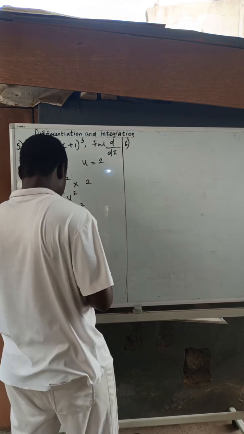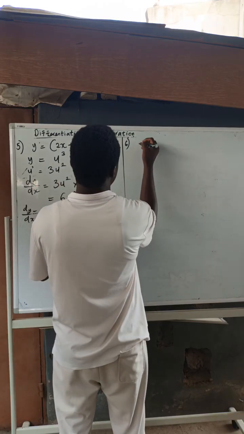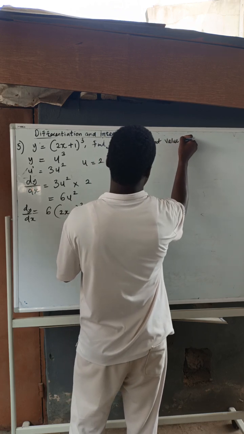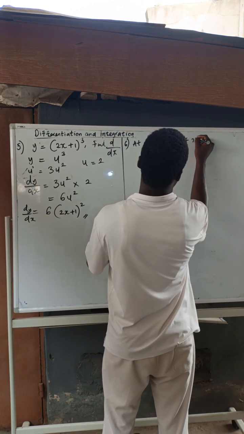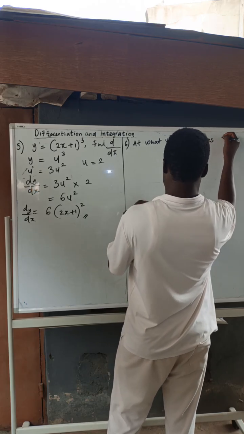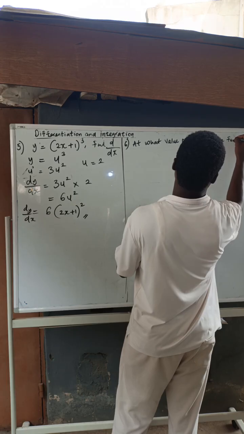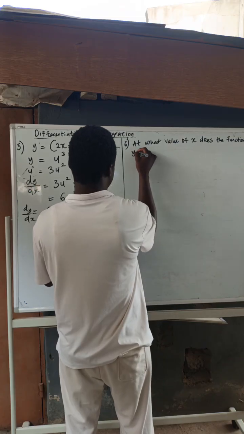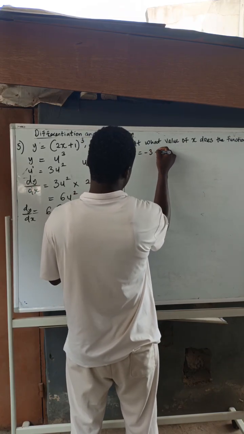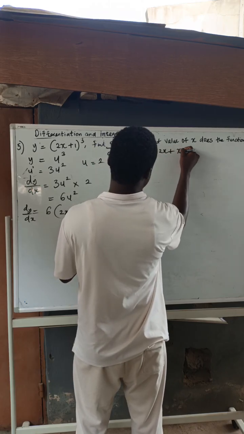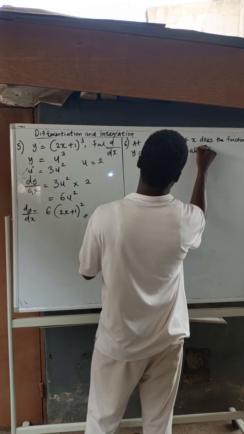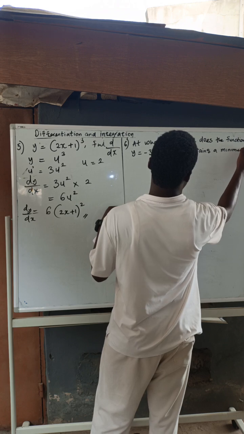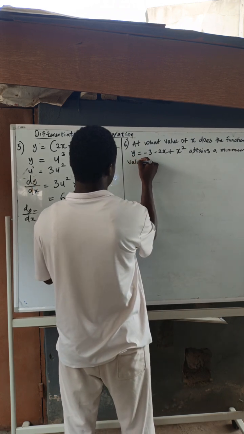Now, at what value of x, this is JAMB 2010, does the function y is equals to minus 3 minus 2x plus x squared attain a minimum value?